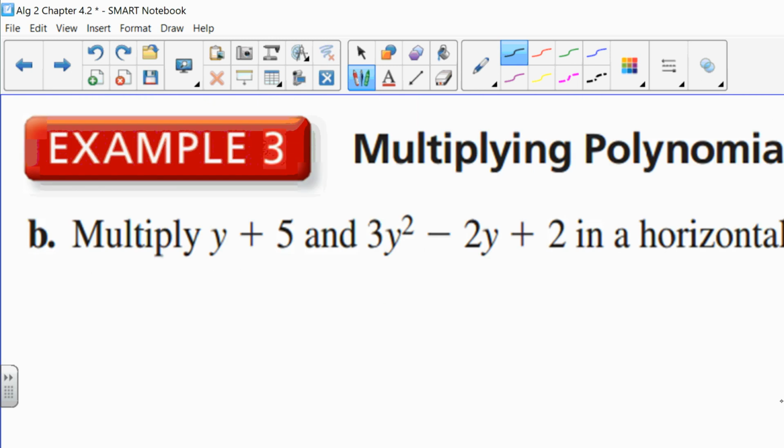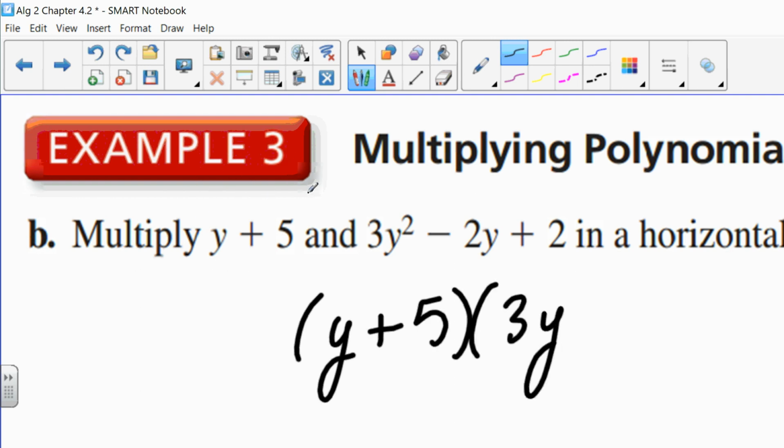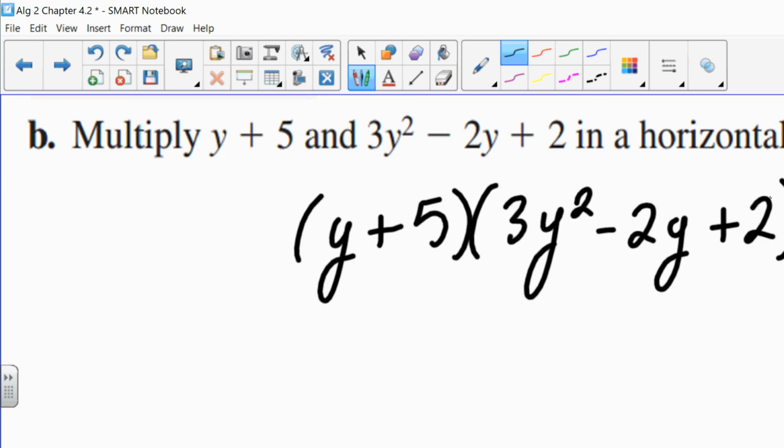Let's do it horizontally. And doing this horizontally is actually going to be familiar for what you've already done before. Because when we multiply these horizontally, really what we're saying is that I'm taking y plus 5 here and multiplying it by 3y squared minus 2y plus 2. So we're going to be distributing. We're going to use the distributive property.